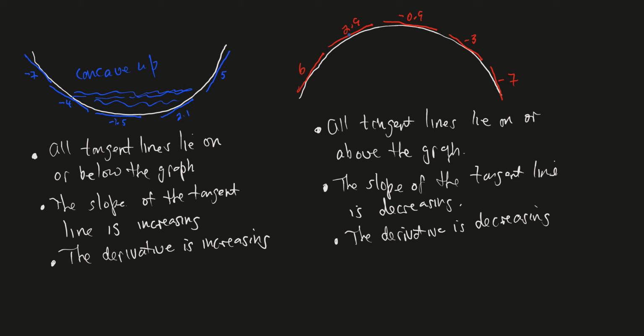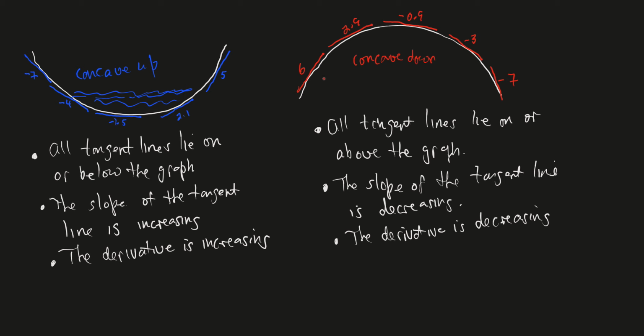On this side, whenever your derivative is decreasing, in other words the derivative of the function that I originally drew, the one we're defining in terms of its concavity, we say that the function is concave downward, or just concave down.